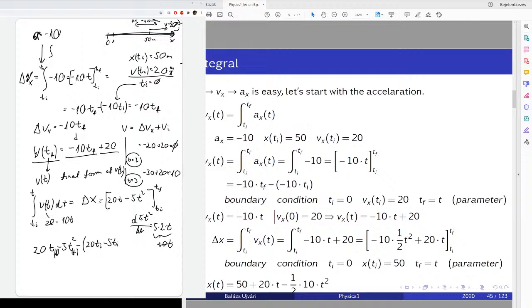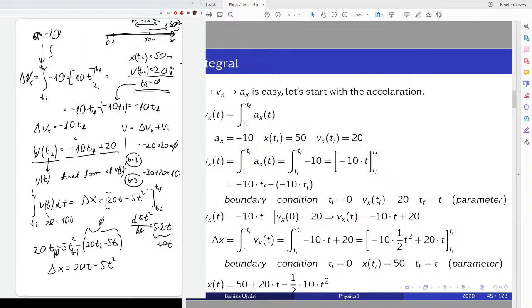We are lucky because t initial is 0, so this part will be 0. So the final form of the delta x is 20t minus 5t squared. We still don't know what is the correct form of the xt.